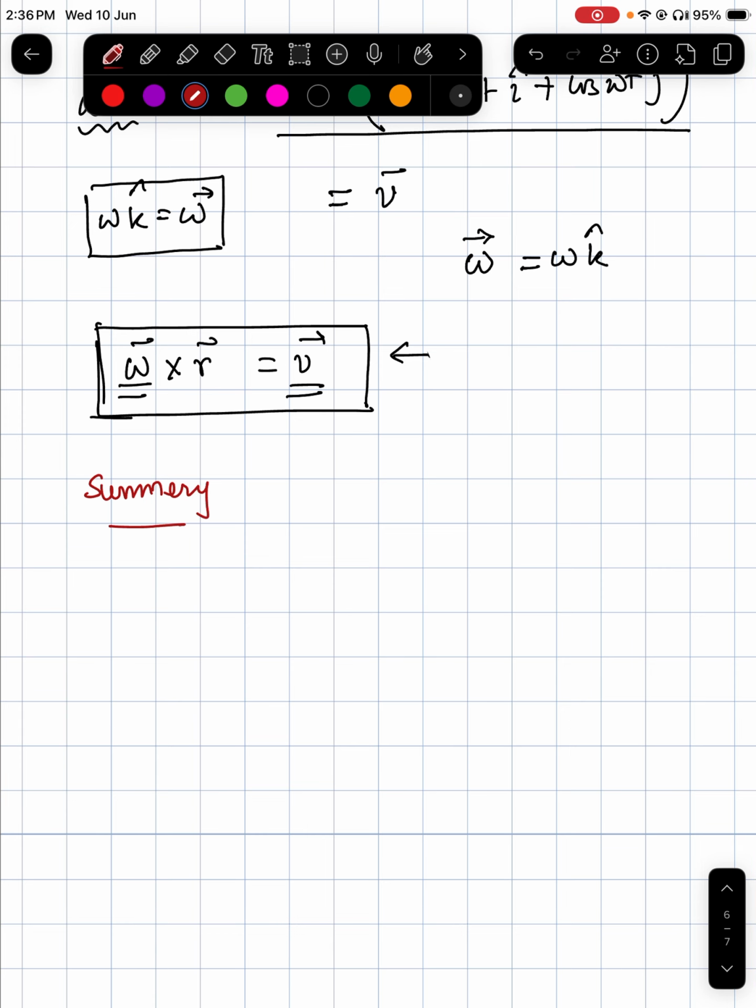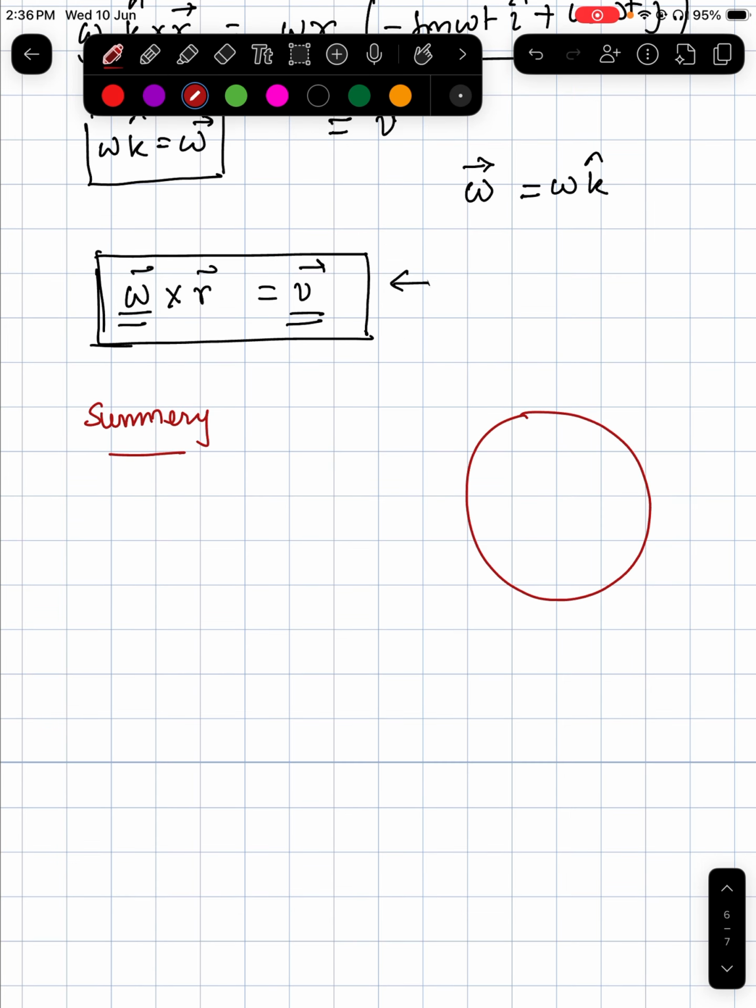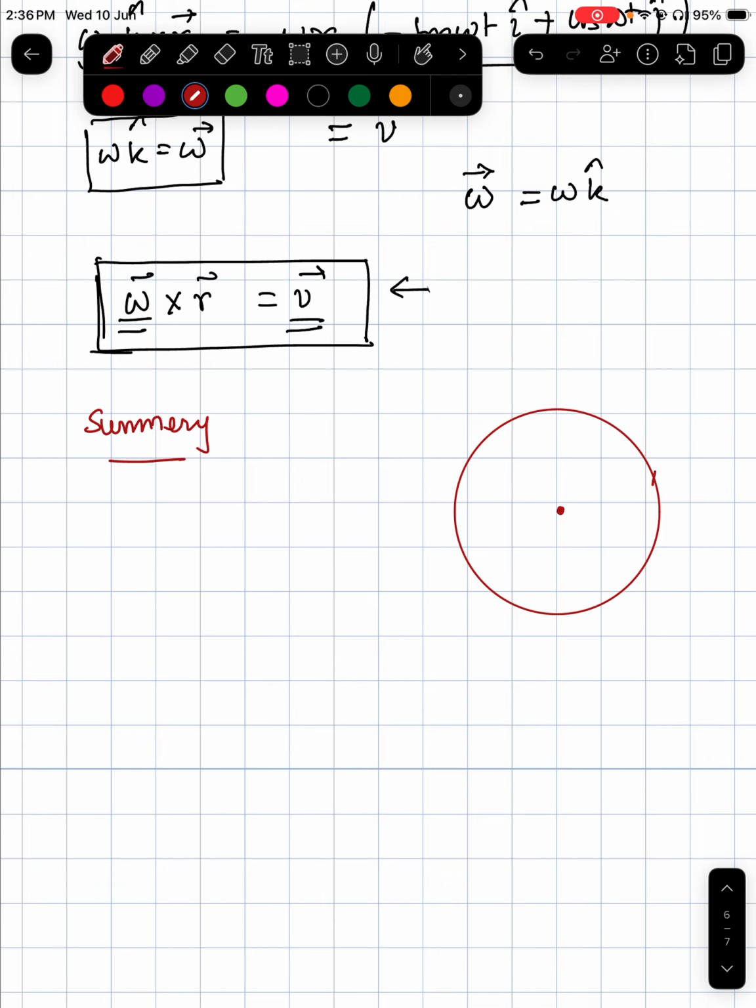So first we considered a circular motion, uniform circular motion. At any instant, we have found the position vector, that is r cos omega t i cap plus sine omega t j cap. Second, at any instant, the velocity v is always tangential, because only the tangent is perpendicular to the position.